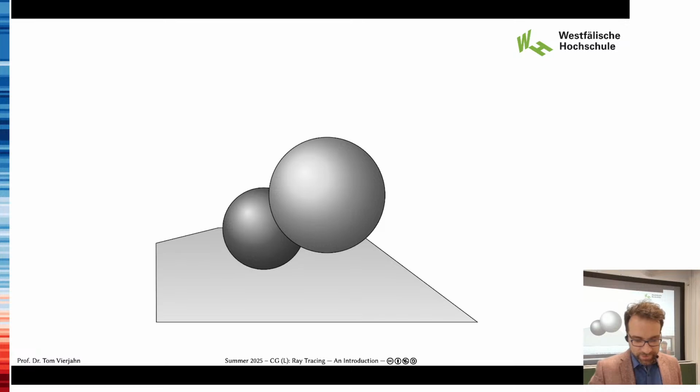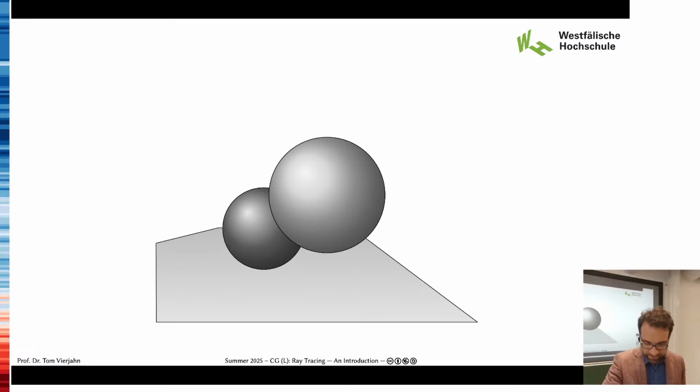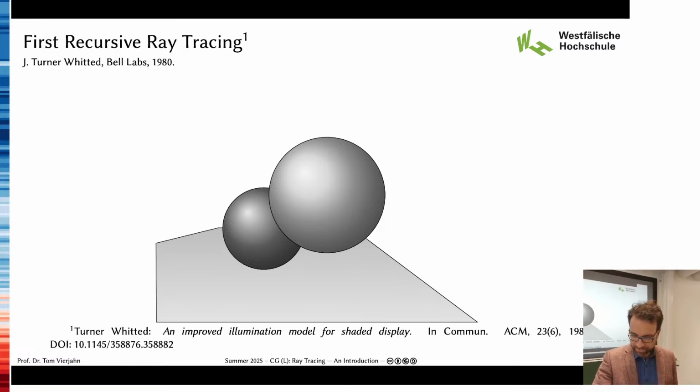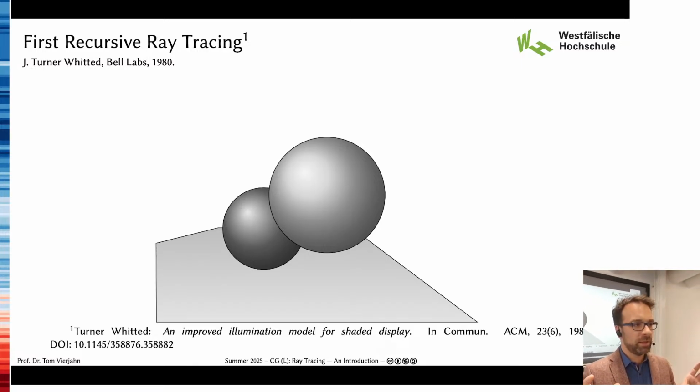Ray tracing made it into computer graphics in, when was it, 1980, when Turner Whitted rendered an image of two spheres above a plane. Well, nothing special to it, right? Two spheres shaded above a plane.